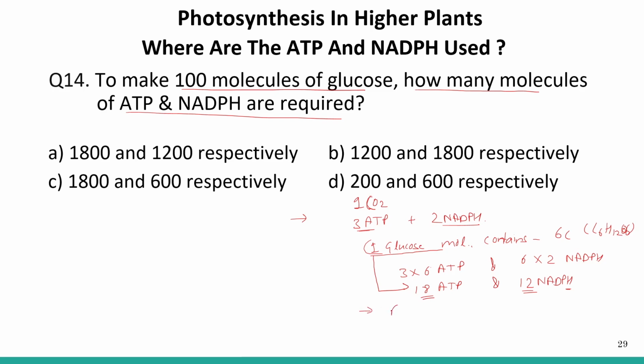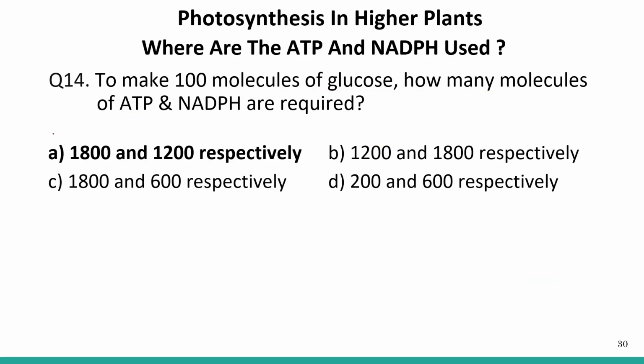So for 100 glucose molecules, how much ATP and NADPH are required? You can multiply by 100: 18 into 100 is 1800, and 12 into 100 is 1200. The options are 1800 and 1200, 1200 and 1800, 1800 and 600, and 200 and 600. So what is the correct answer? 1800 and 1200 respectively.